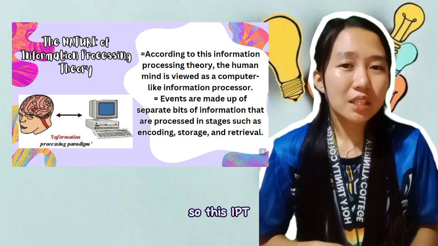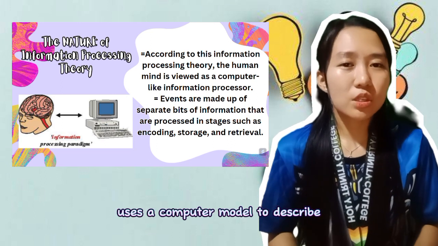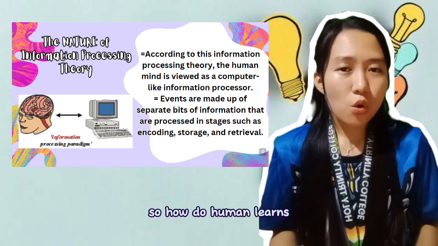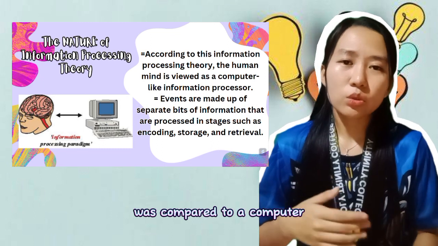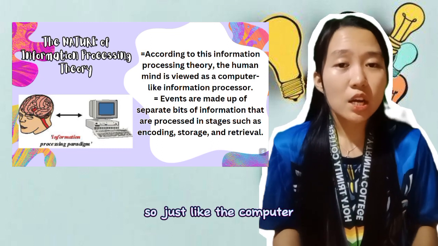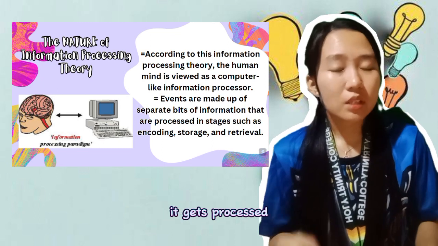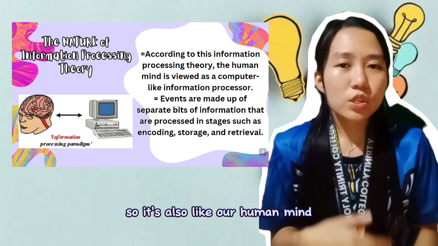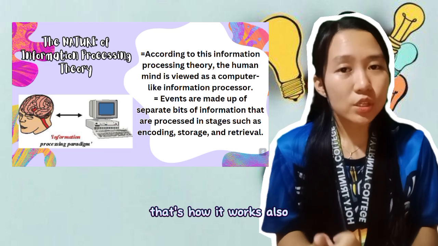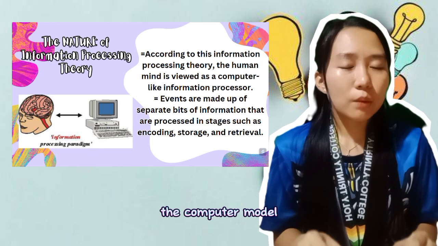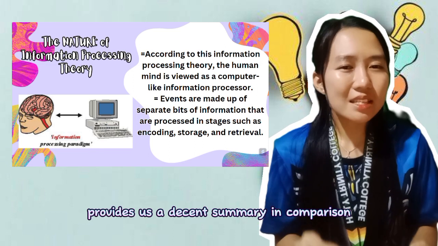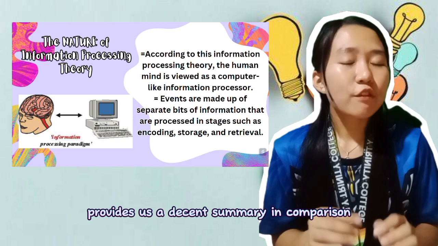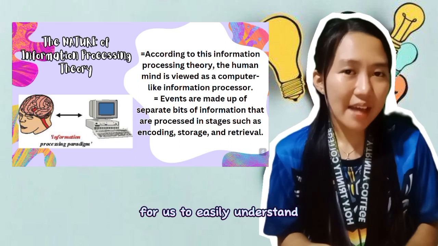So this IPT uses a computer model to describe human learning. How the human learns was compared to a computer. Just like the computer, information comes in, it gets processed, and then it gets stored and retrieved. It's also like our human mind. That's how it works also. It's just that the computer model provides us a decent summary in comparison for us to easily understand.